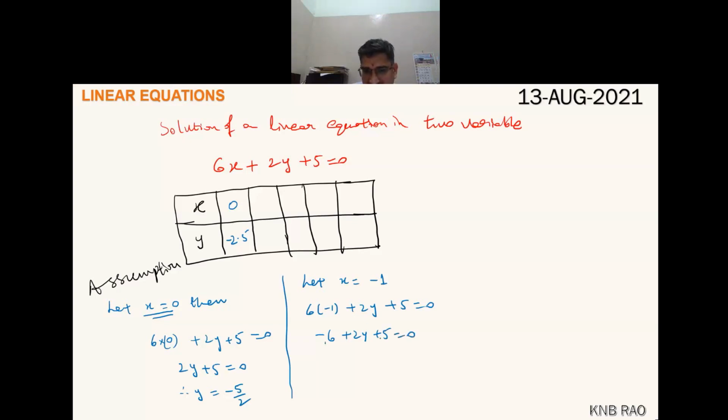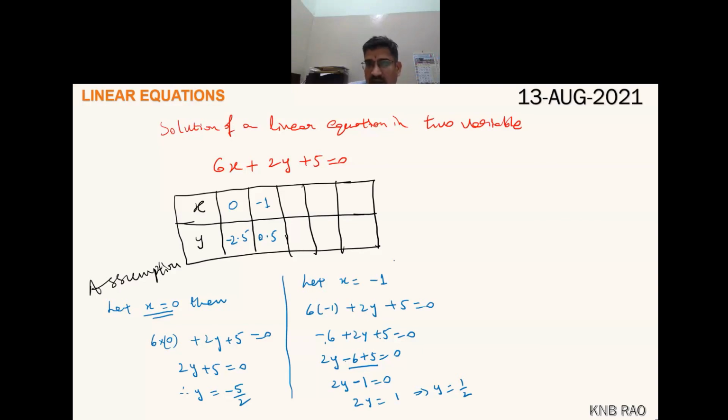Minus 6 and plus 5 are constant terms, so we will simplify them first. 2y minus 1 equals 0. This minus 1, if it goes to the other side, 2y equals plus 1. It implies y equals 1 by 2. That means when I assume x as minus 1, I got 0.5 as the y value.